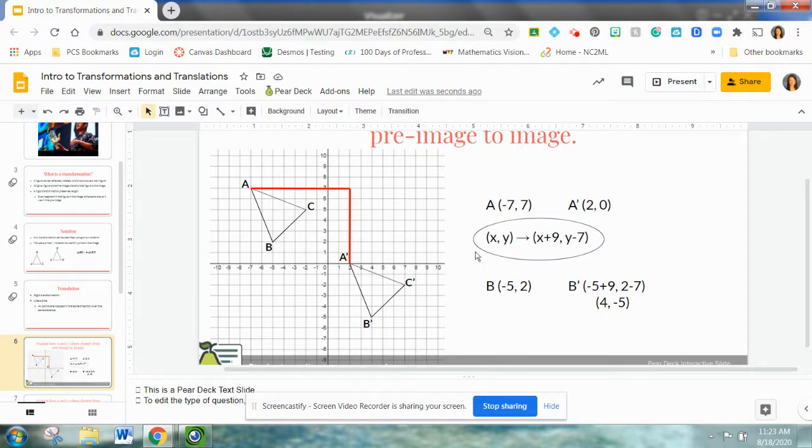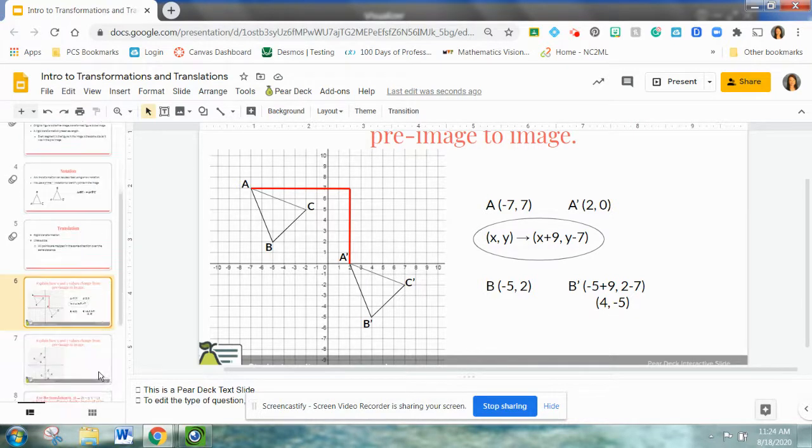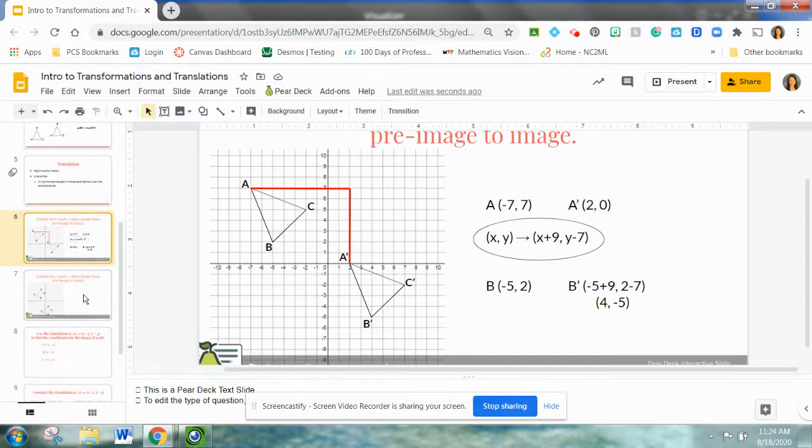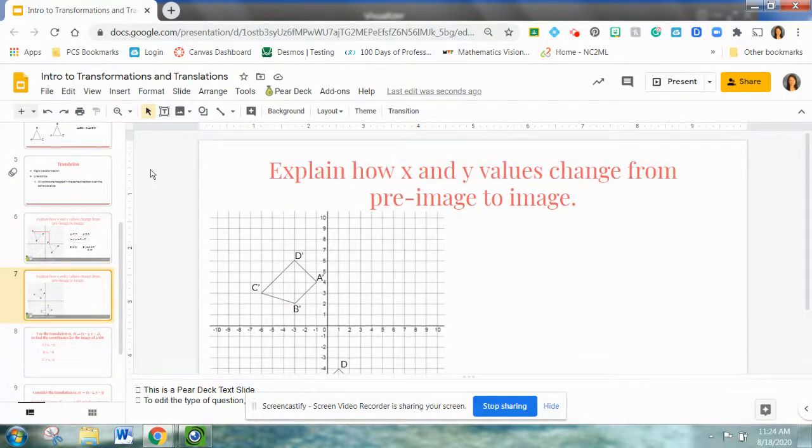So this rule translates every single point, even the points in between on line segments AC or BC or AB. It will translate every point in every segment, right 9, down 7. So let's try another one. Can you write the rule?